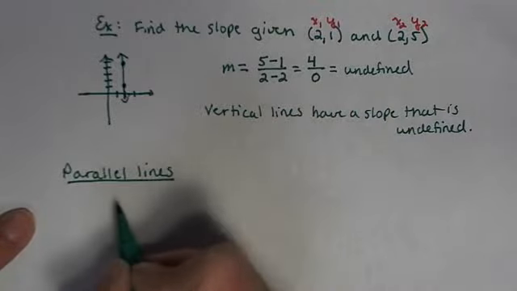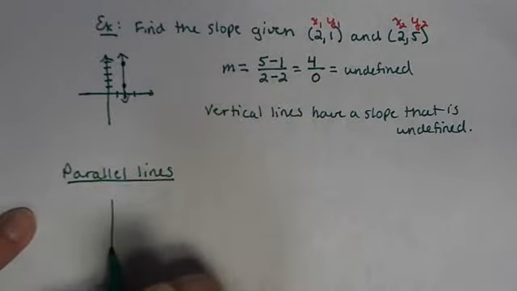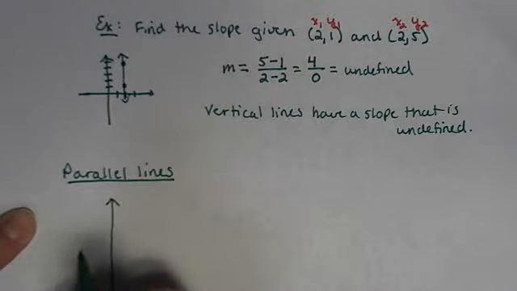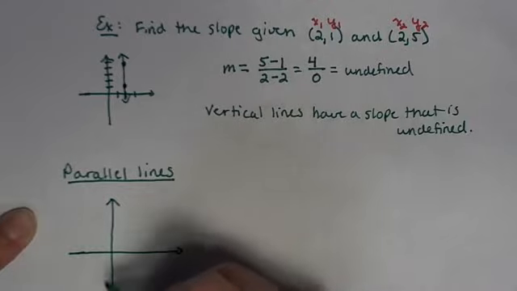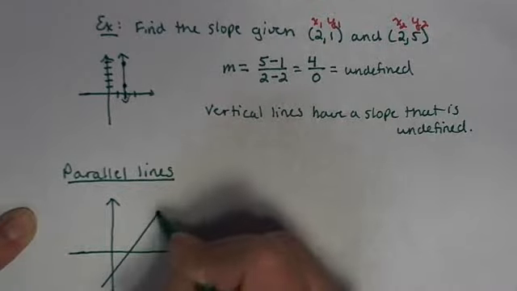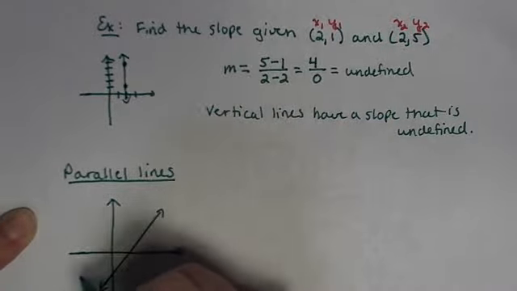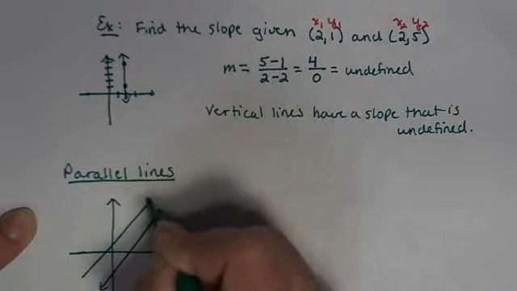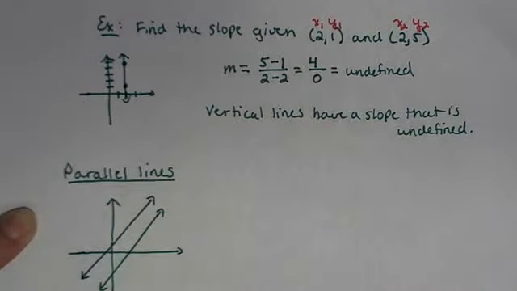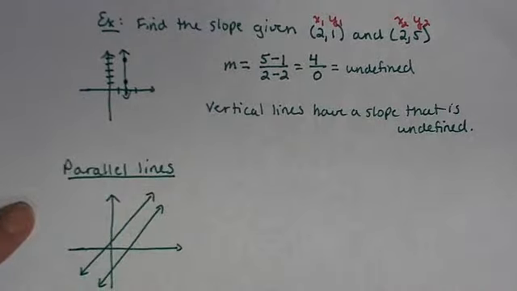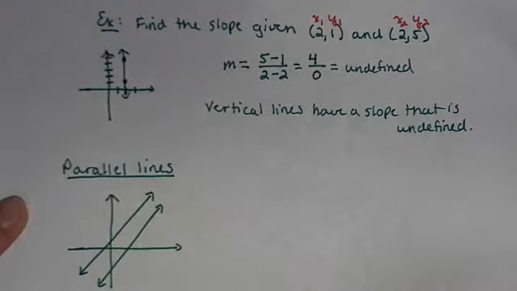So let's say that I take a look at a graph of two parallel lines, and let's say that they're going to look something like this. Think of train tracks. They're side by side here. So what is something that you can tell me about the slopes of those two lines?